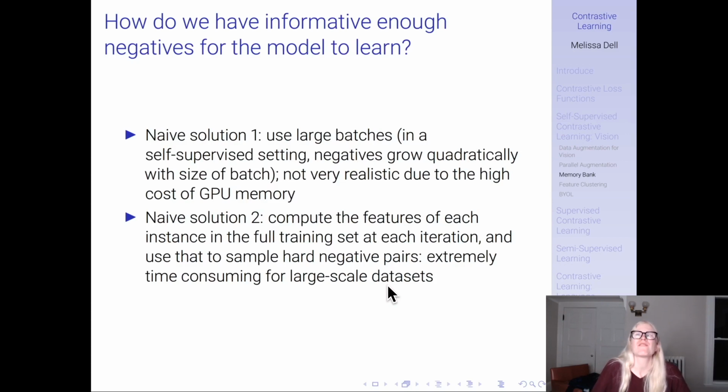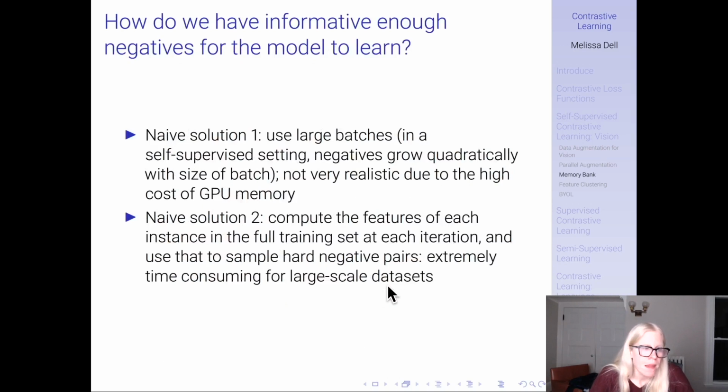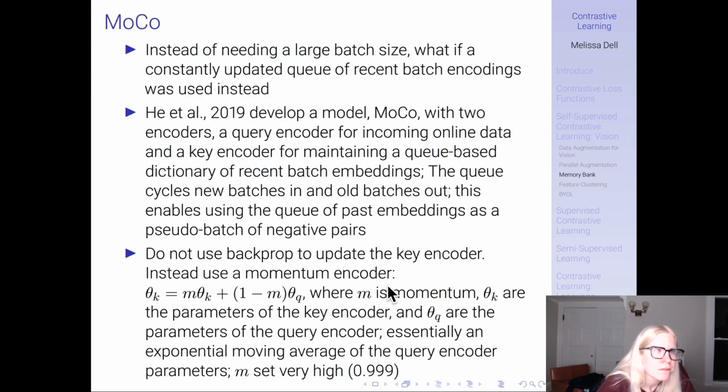And so you'd sample for the batch the vectors that are closest to your anchor. And that obviously does not work either because it is extremely time consuming for large data sets. You have a huge data set and you would have to pass each instance through this high dimensional encoder at each iteration of the model. And so that's going to be completely impractical as well.